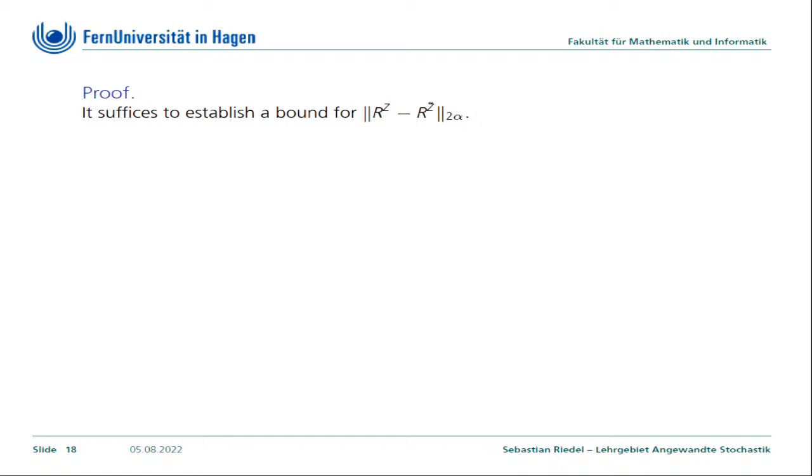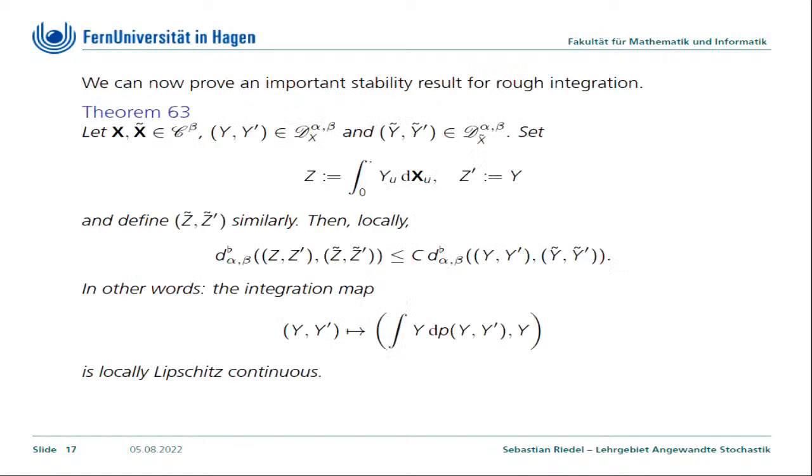So remember there were several things in this metric here. It looked a bit complicated, but there was the difference between the rough paths, but the rough path here and the rough path there is the same, so we don't have to estimate anything there. Then we have to estimate the difference in Hölder norm of the derivatives here, but since the derivatives here are just y and y tilde, this is also immediate.